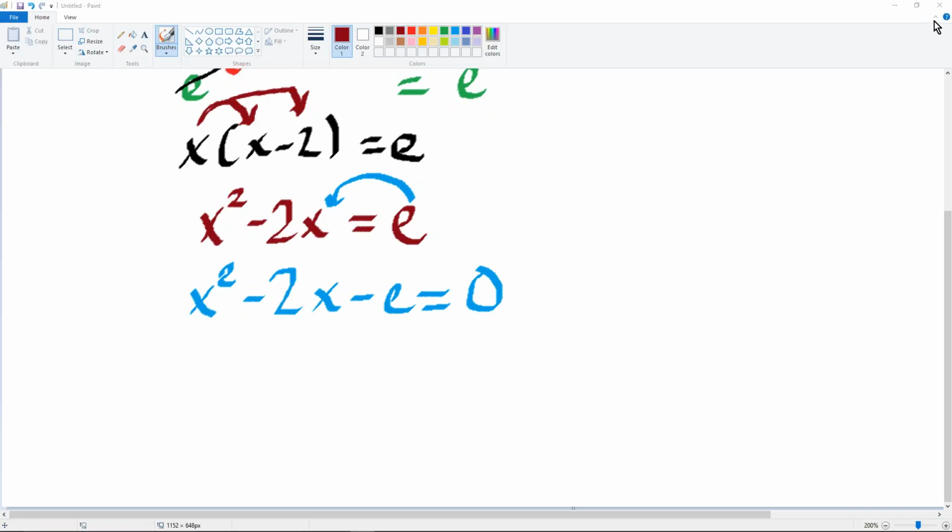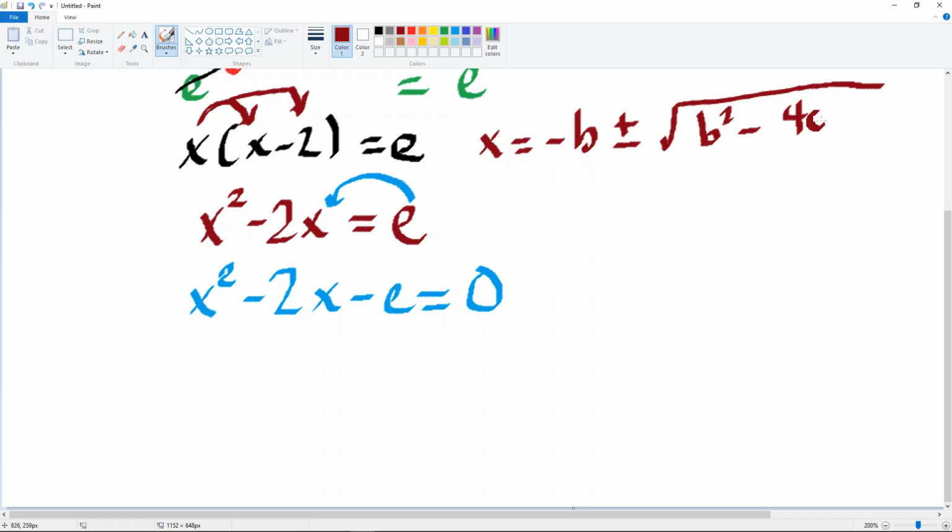So now you have to use this formula, the quadratic formula, because you know that that's not going to factor because of that e.